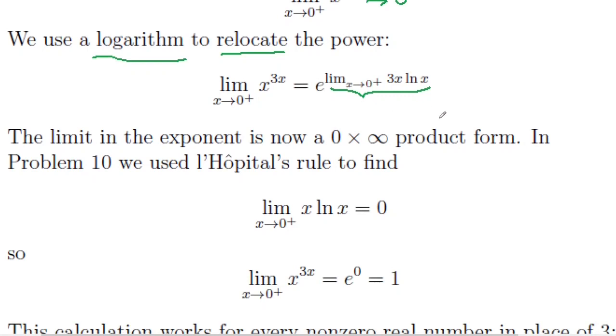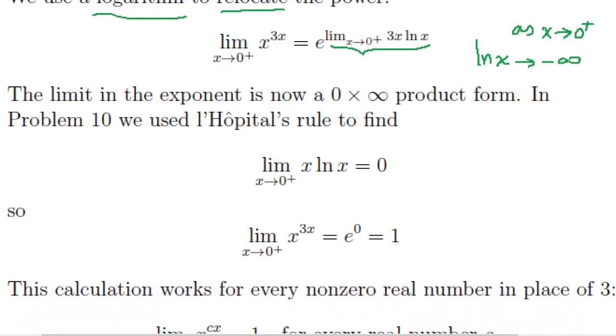Notice that as x goes to 0, natural log of x goes to minus infinity, and that's something you can quickly check, maybe with a computer, by drawing a graph. The limit of x times log x is 0.